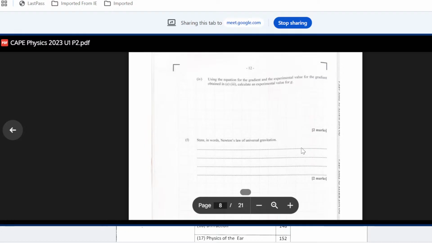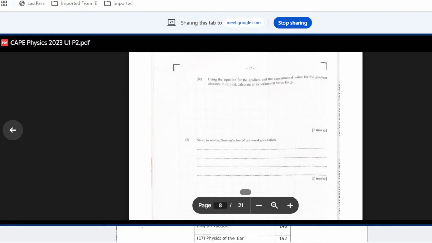You just transpose for g. Well, no, you wouldn't.